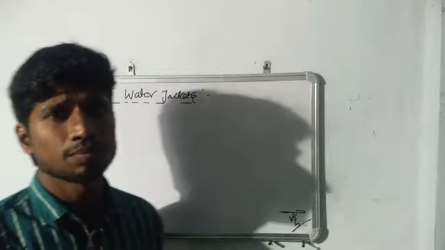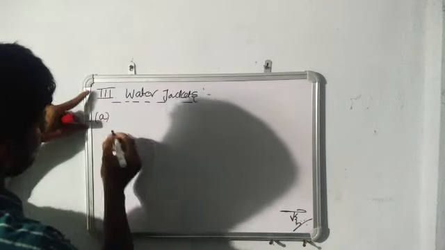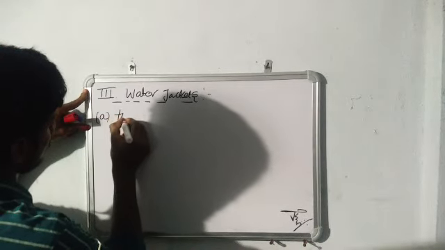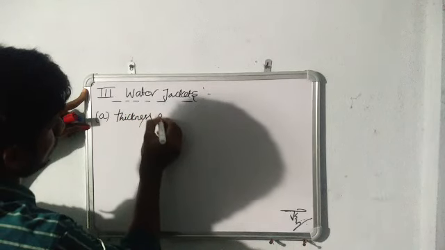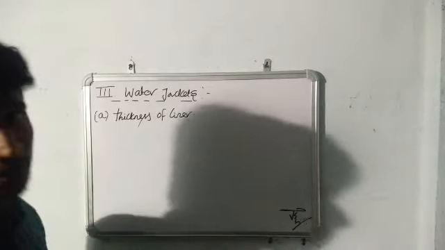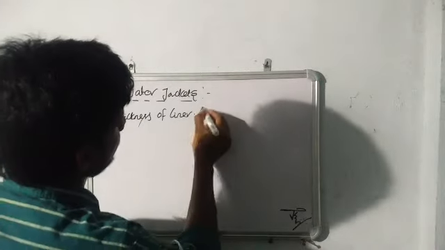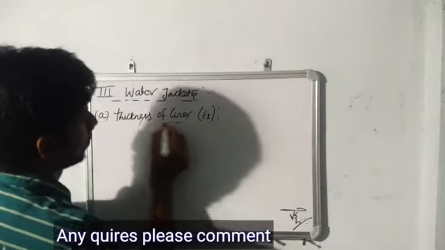In this third step, some minor steps are involved. First one is the thickness of liner. It is denoted by small t suffix l.